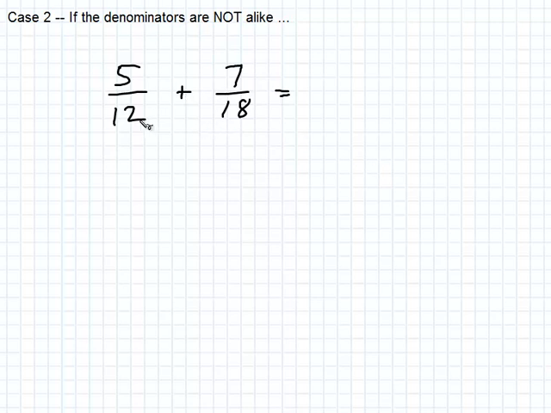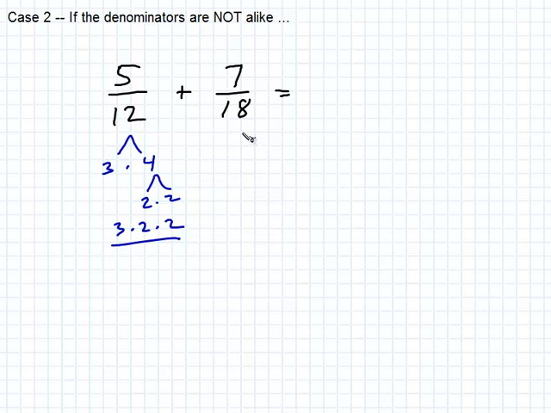Now the key to getting the denominators alike, first of all, is to factor these denominators. So notice that 12 can break down into things that multiply together to give you 12. So for instance, 3 times 4. Okay, except 4 will break down to 2 times 2. So 12 overall is 3 times 2 times 2.